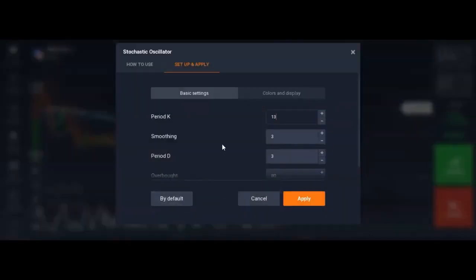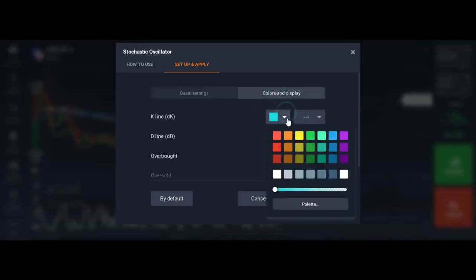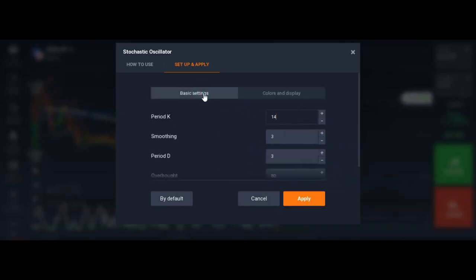Stochastic Oscillator, period K 14, and green color. Smoothing 3. Period D 3 and color red.